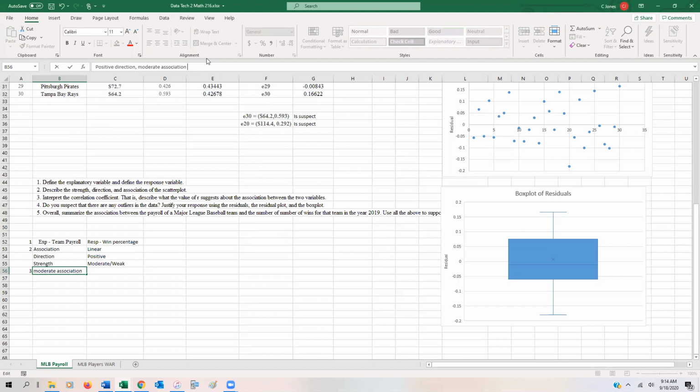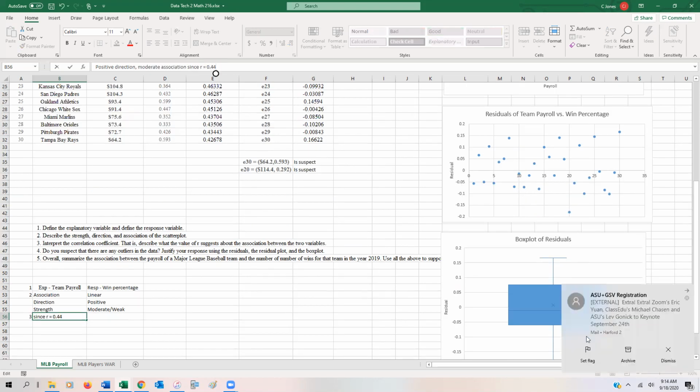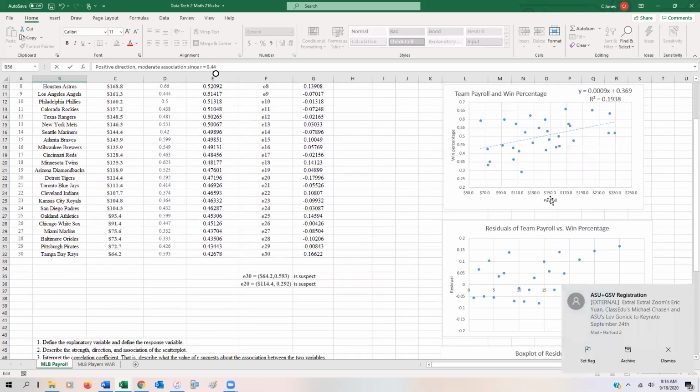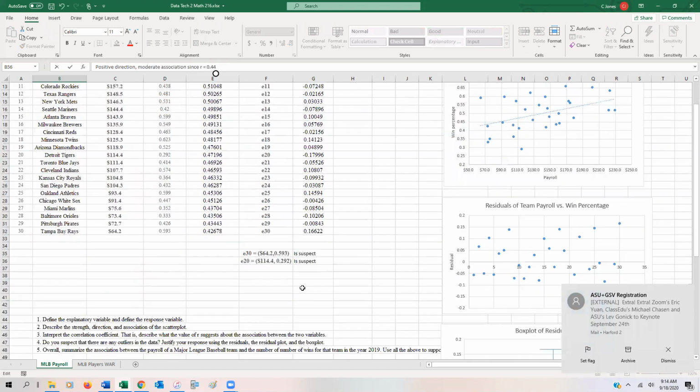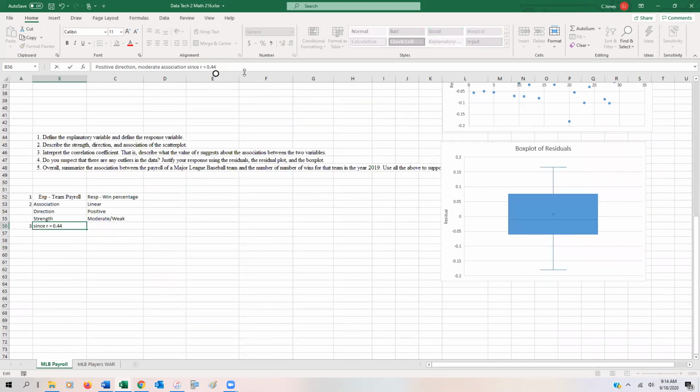But 0.4 clearly is going to be moderate. So moderate association since R is equal to 0.4 something or another. I can't remember what it was exactly. It was up here, 0.4402. Okay, so we just say 0.44.